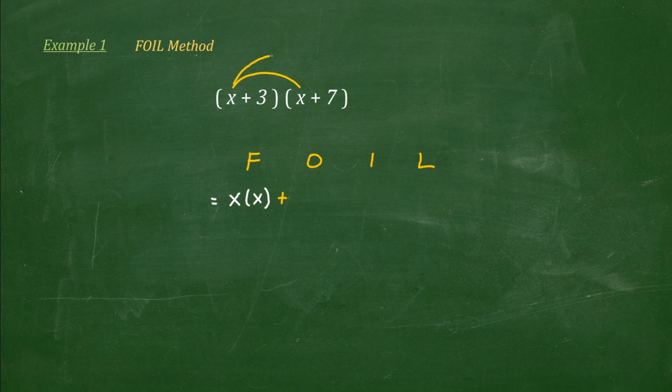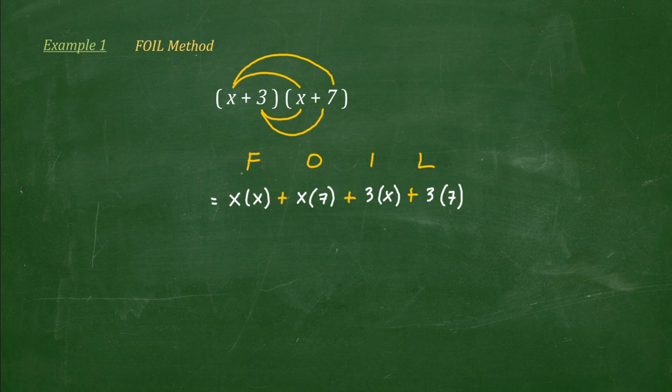Then we multiply the outer terms next, set it up, x times 7. Again, we write plus. Then we multiply the inner terms, 3 times x. Again, we write plus. And finally, the last terms, 3 times 7.